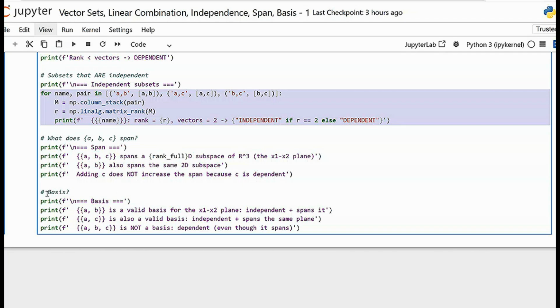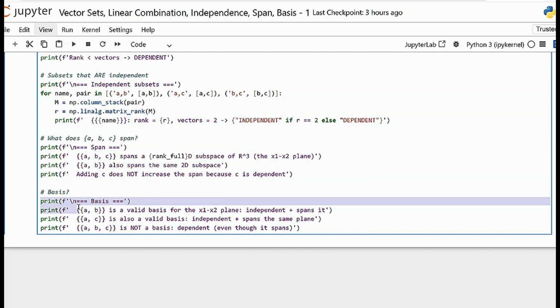Not only that, we are also going to have the basis evaluation. Here the basis evaluation is done, and the conclusion tells us whether A and B is a valid basis or not. Another valid basis also, kindly see here, uses different vectors with the same space.